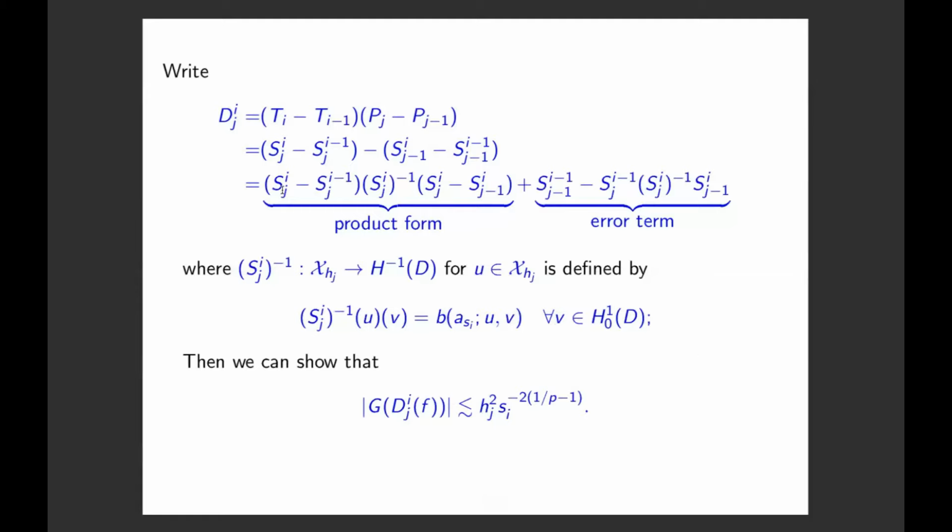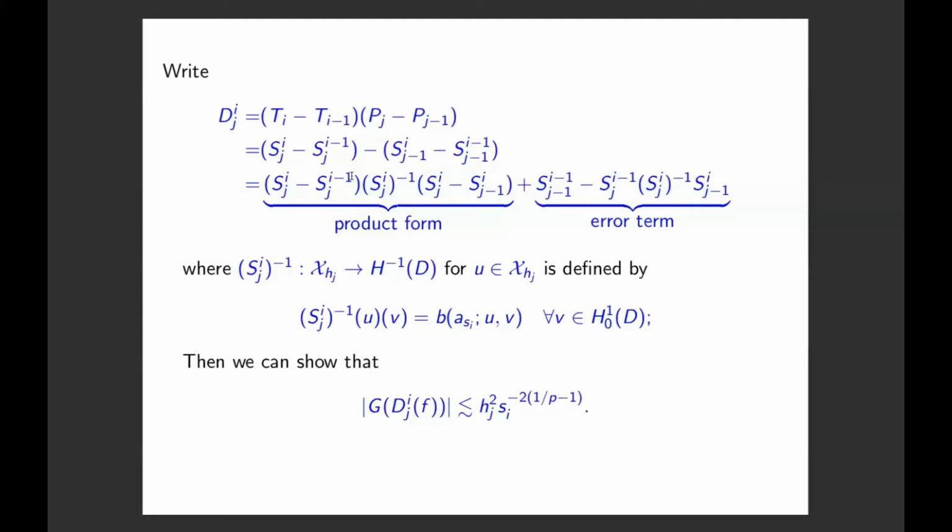And so in order to obtain a bound of this product form, what we do is we rewrite this expression in two terms here. One is now of product form. We have this difference operator where we have the same truncation dimension but different finite element mesh width.